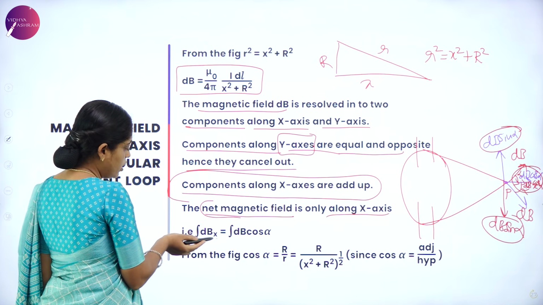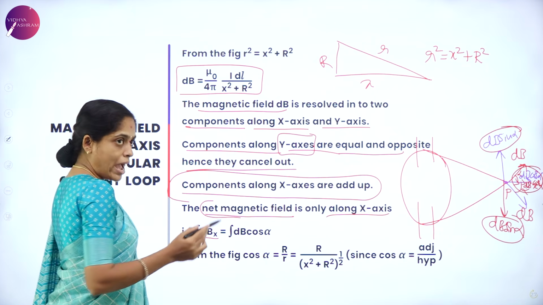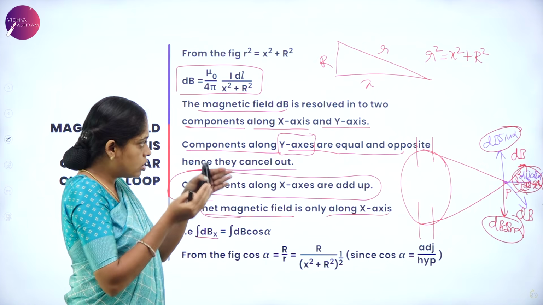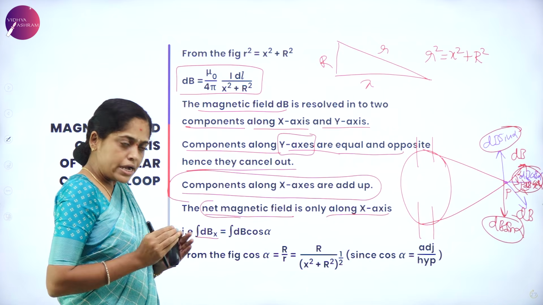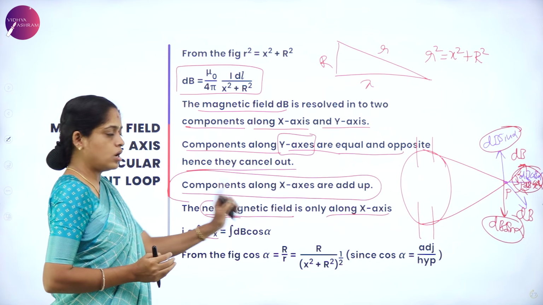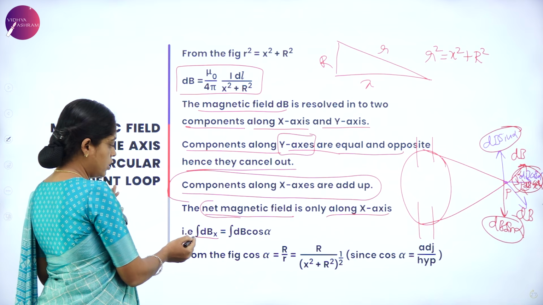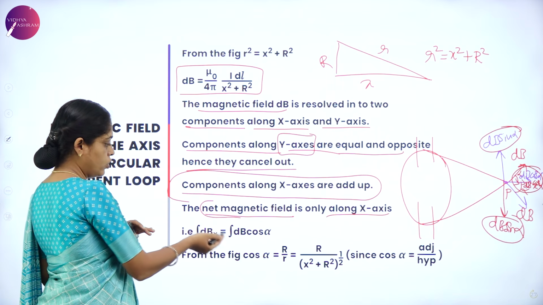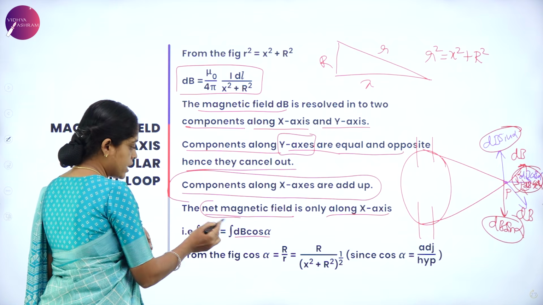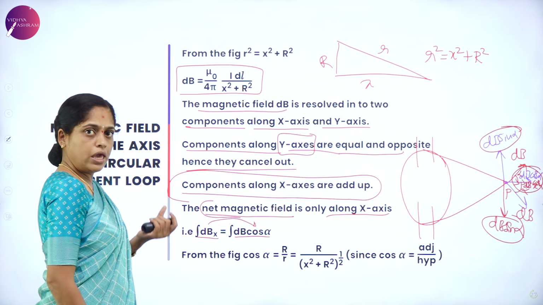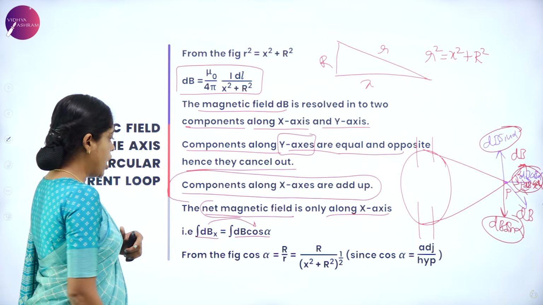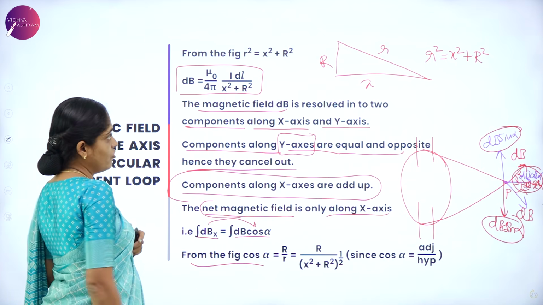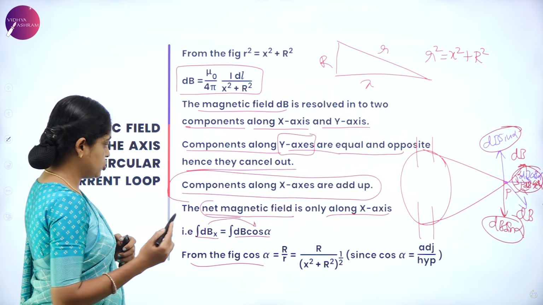So, for the total magnetic field, you have to integrate all the small current elements. Integrate the component along the x-axis, which is dB cos alpha. And what is cos alpha from the picture?